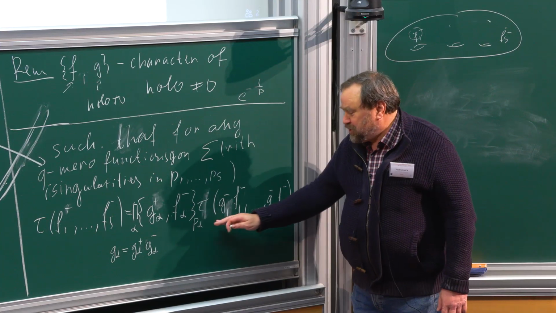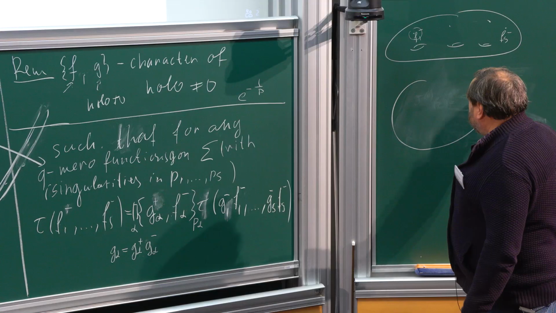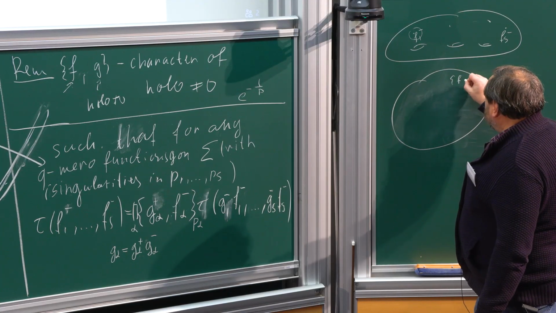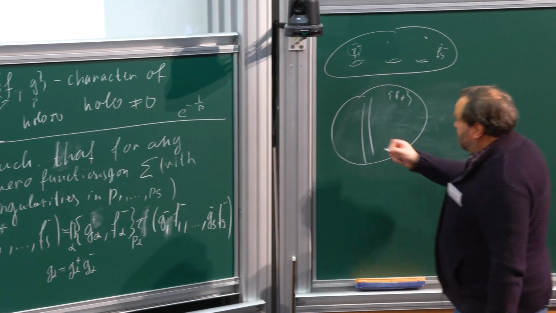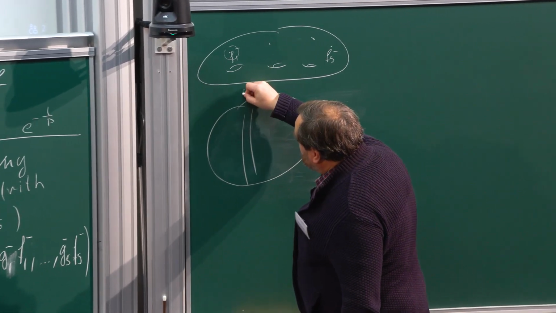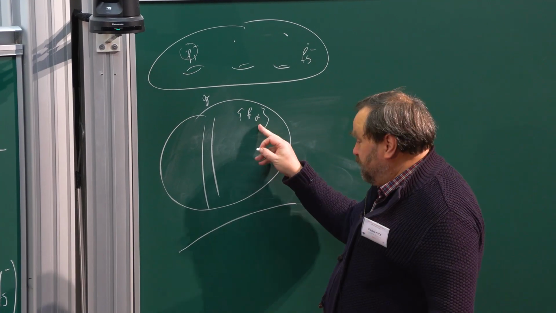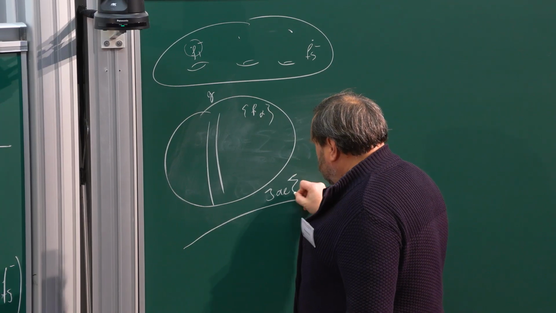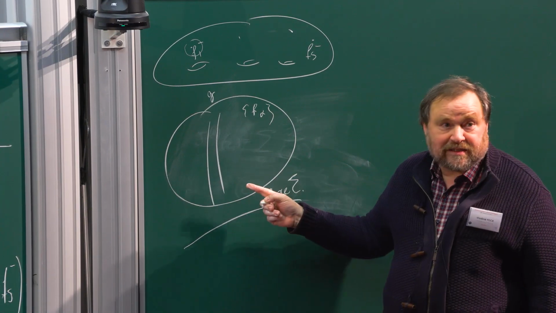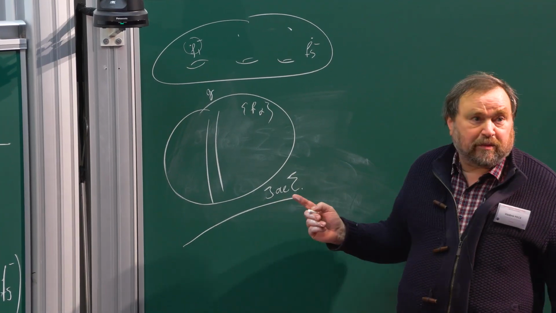Essentially this is a function on the space of f's, a collection of f alphas. You have an action of the group with elements g, and the quotient of this space of f alphas by G is just the Jacobian of my curve. Tau functions are in bijection with sections of a line bundle on the Jacobian.